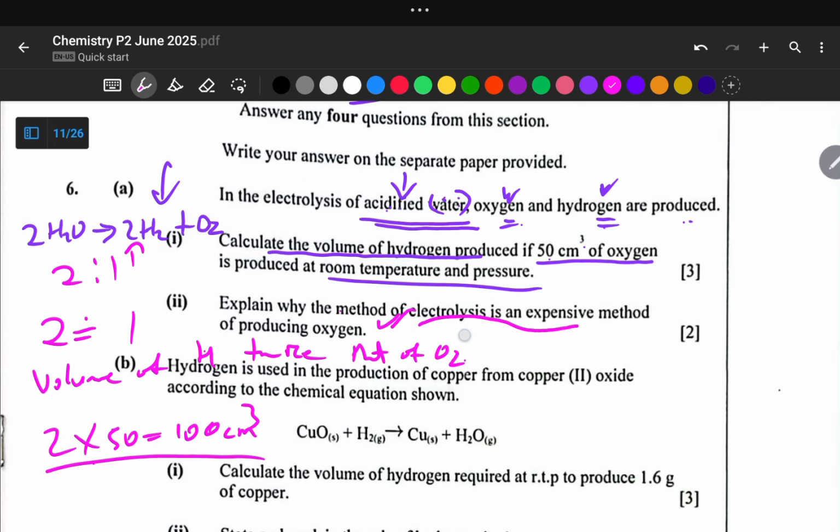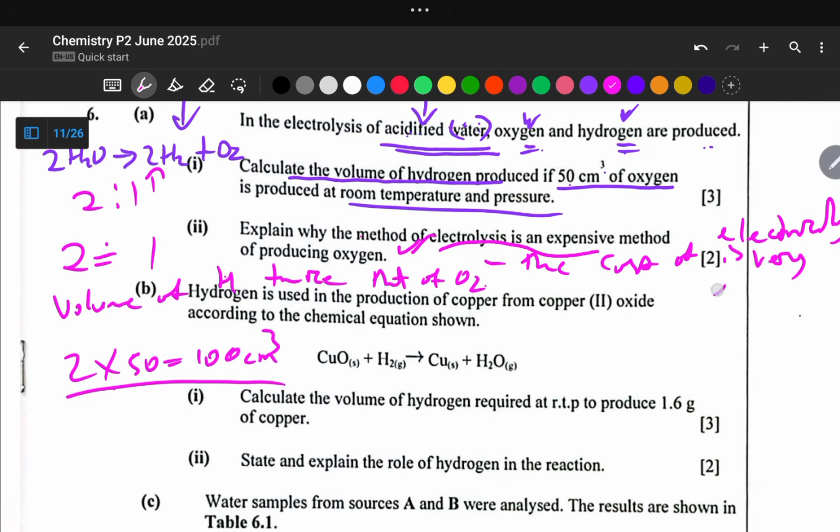The cost of electricity is very high, which makes it less economical for large scale production of oxygen. Are we together? We can use other methods like fractional distillation. And then we go on to the next part.